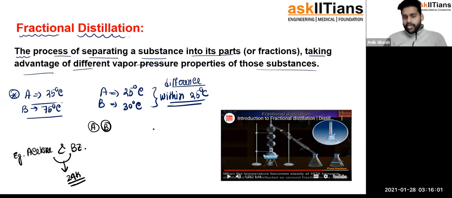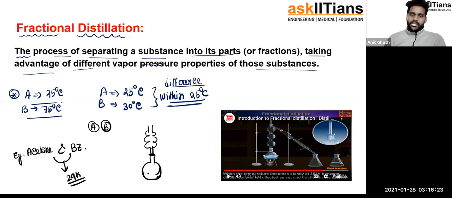So how does it work? There is a distillating column, or fractionating column, you can also say. It is attached to the round bottom flask. Okay, this is the picture.